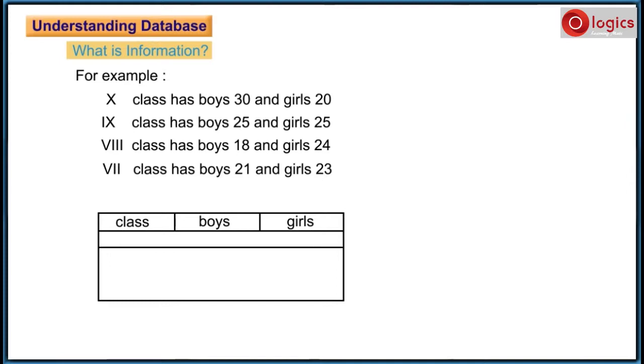Under the class column, I am going to take the class name. Under boys column, I am going to take boys of that class. Under girls column, I am going to take girls number of that class.